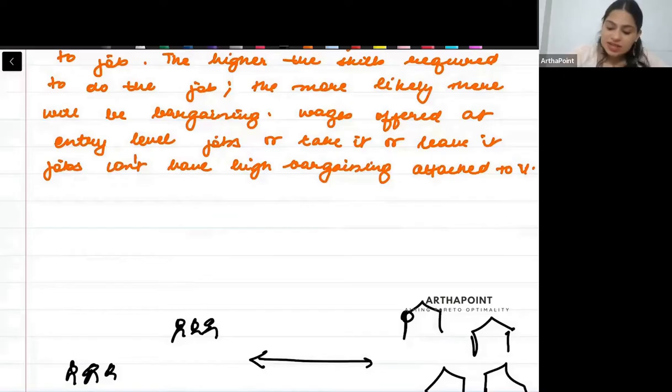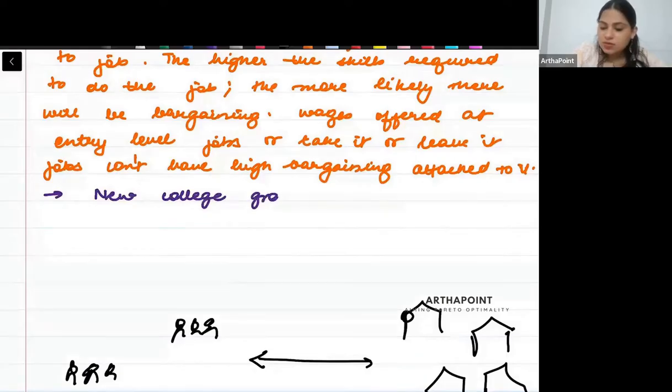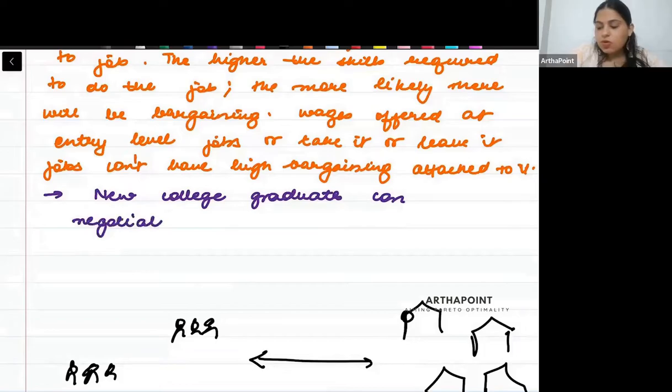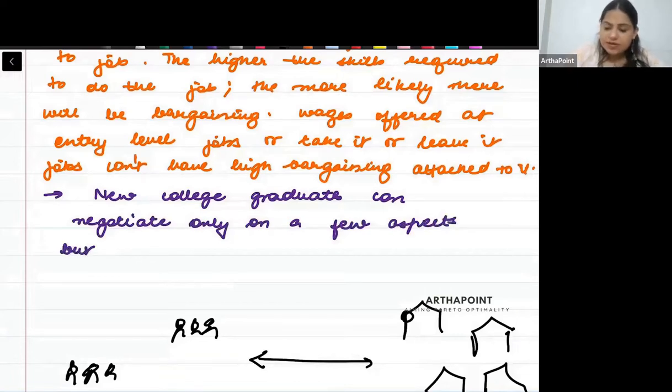So I can say that new college graduates can negotiate only on a few aspects. वो बहुत कम negotiate कर सकते हैं, but CEOs can negotiate a lot more.